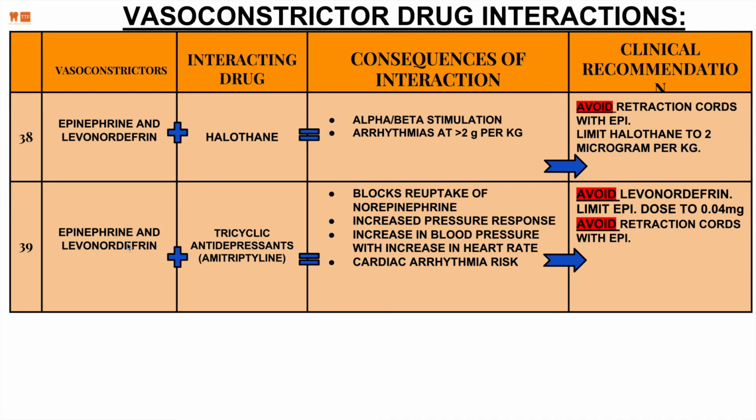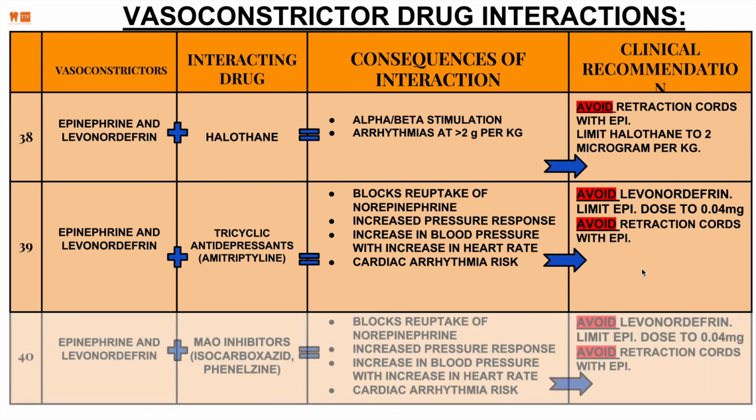Remember, epinephrine is directly on the vessels. Tricyclic antidepressants will also increase norepinephrine activity, leading to increased blood pressure. So avoid levonorepinephrine for sure, 100%. But with epinephrine, you could limit the dose to 0.04 milligrams. Avoid retraction cords with epinephrine as always.